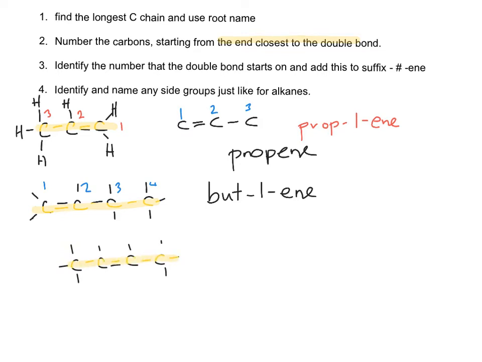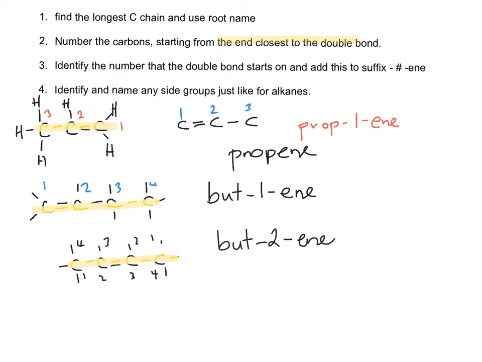So it's still 4, so it's definitely but, but this time the double bond occurs after carbon 2. And it doesn't matter which end you count from, it's still after carbon number 2. So this is but-2-ene for the double bond.